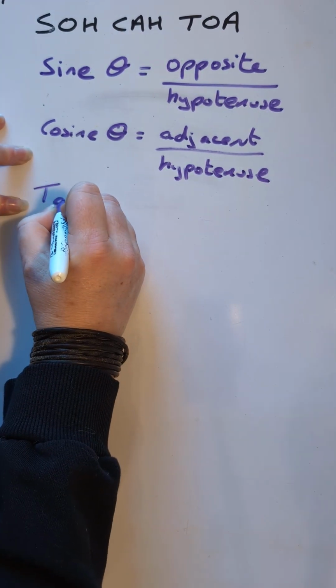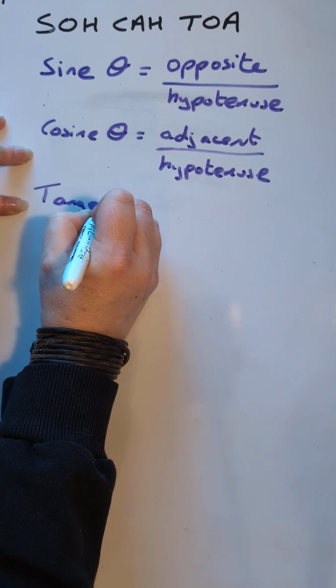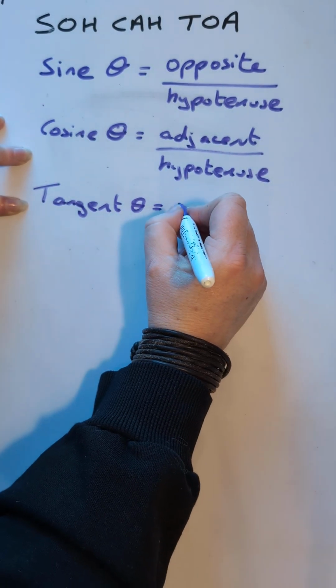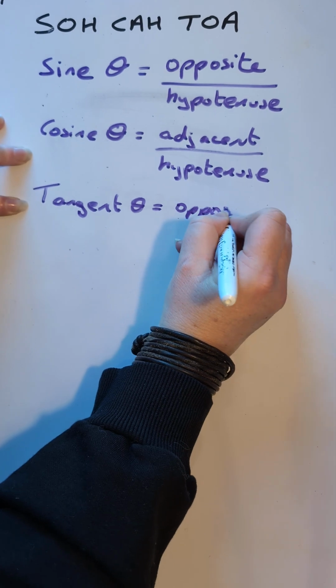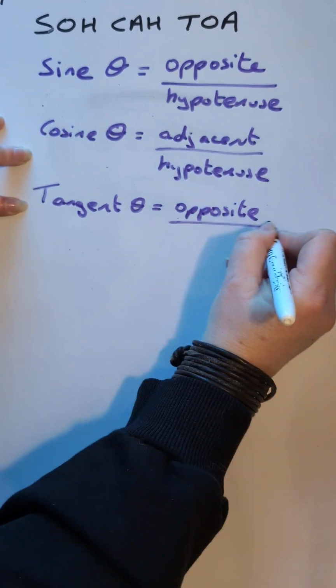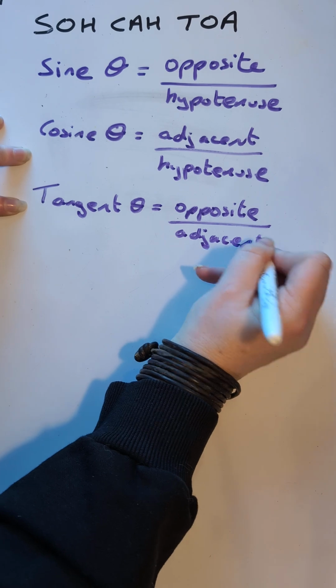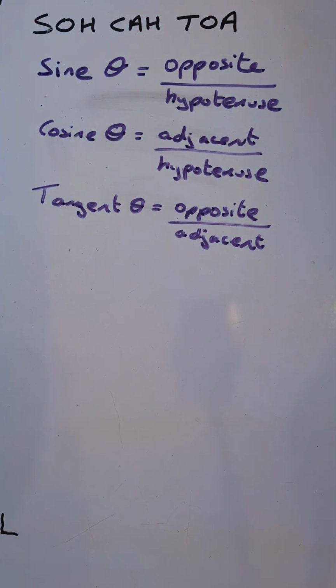Tangent doesn't use your hypotenuse at all. Tangent of your angle is your opposite divided by your adjacent. This is where our SOHCAHTOA comes from. Sine, opposite, hypotenuse, cosine, adjacent, hypotenuse, tangent, opposite, adjacent.